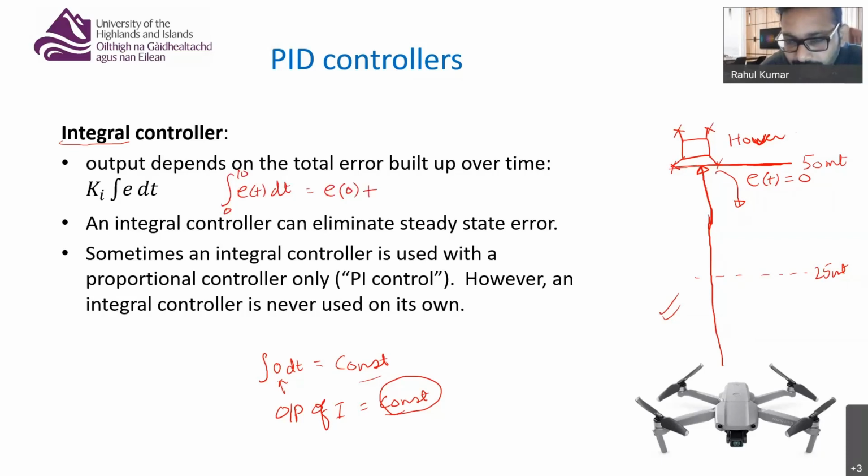So error at 0 will be added, error at 1 second plus error at 2 seconds, similarly all the way up to error at 10 seconds will be added up. So if we are using an integral controller, as we know from the property of integration, the error over time gets added up.